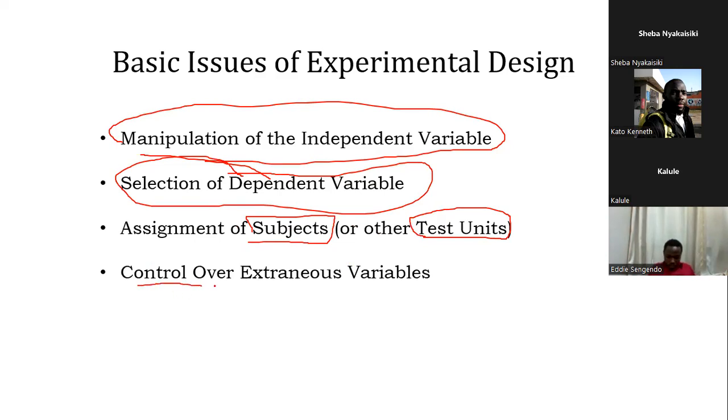Now, with experimental design, there's always the issue of control over extraneous variables. There are variables which may intervene and affect the dependent variable. So take the example of low salary scale and degree of happiness.